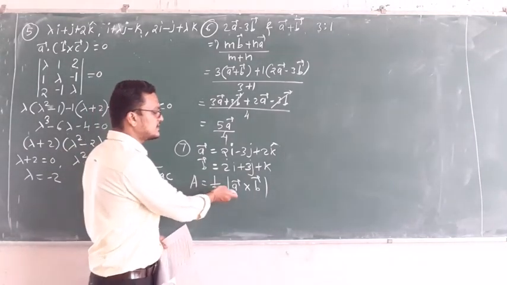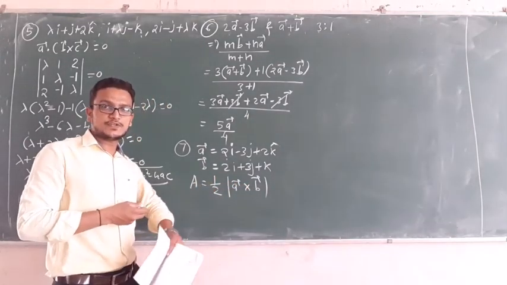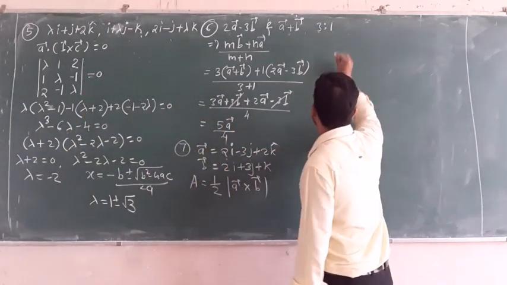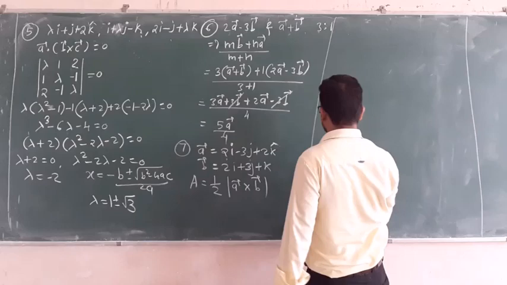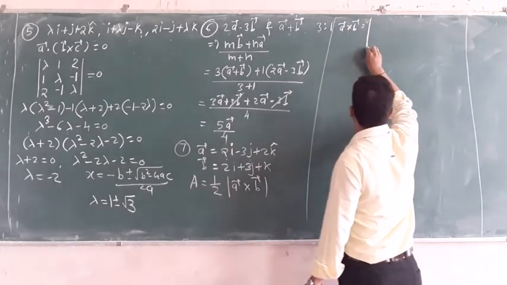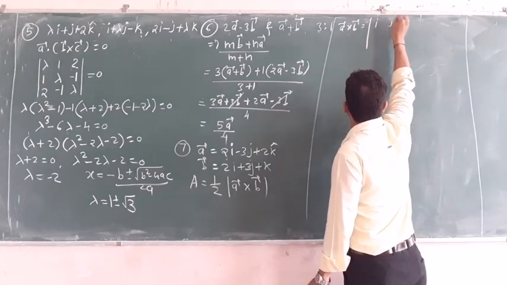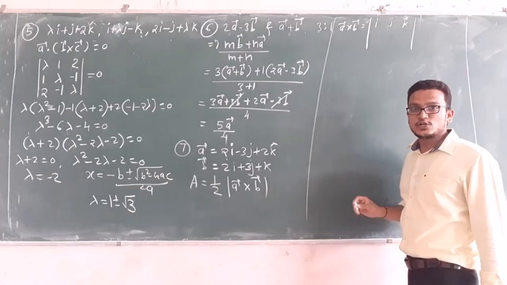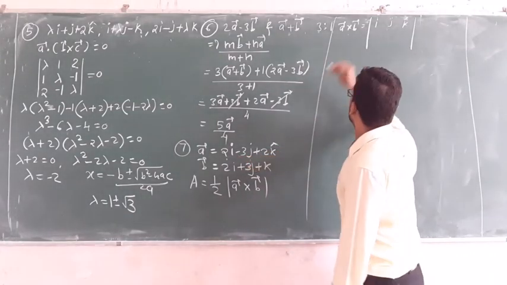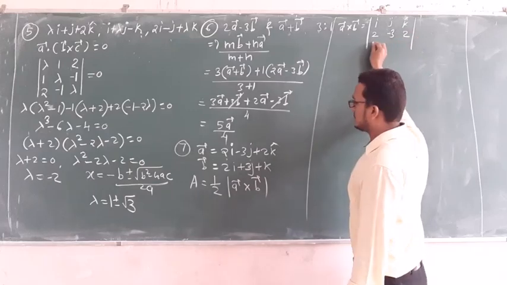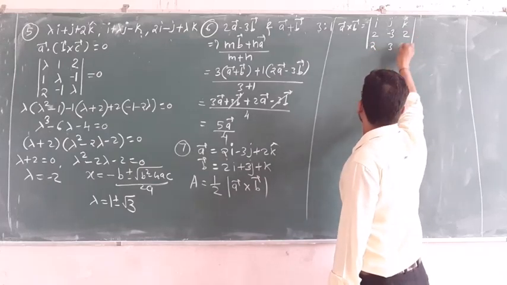So you can just find this A cross B. How to find A cross B? Again using a determinant. The formula is the determinant with i, j, k in the first row, and in the second row we substitute the elements of vector A, that is 2, minus 3, 2, and next 2, 3, 1.